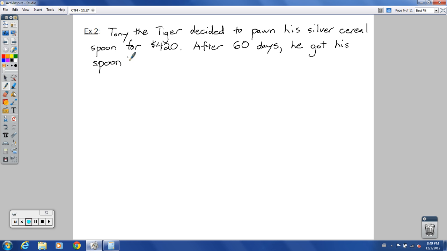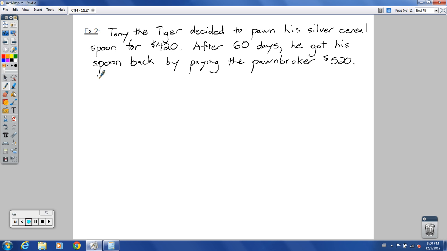He got his spoon back by paying the pawnbroker. A pawnbroker is a guy or a gal who would work at a pawn shop. Pawnbroker, $520. So he had to pay $100 more just to get it back after essentially 2 months here.